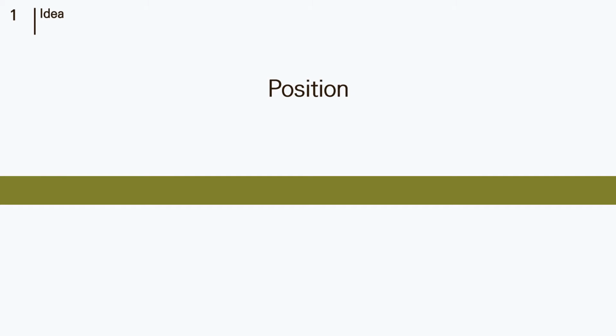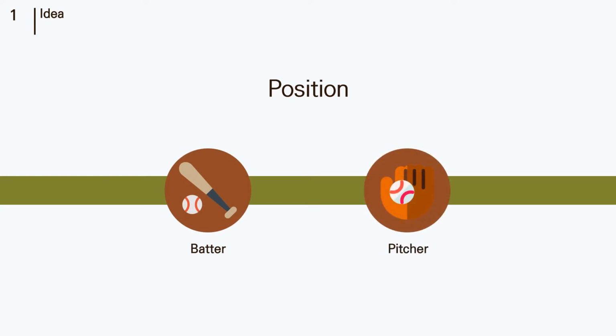Baseball players are divided according to their position into batter and pitcher. Therefore, there is a difference in the record depending on the position.